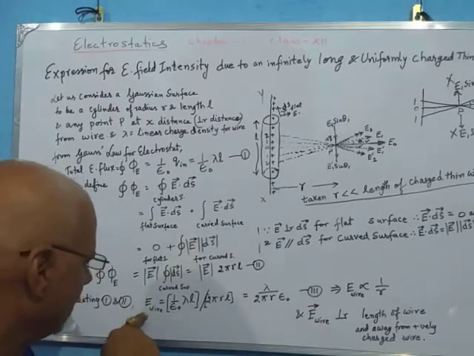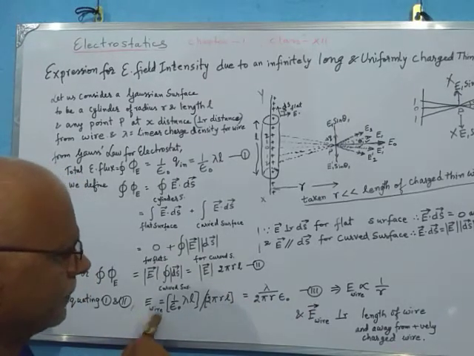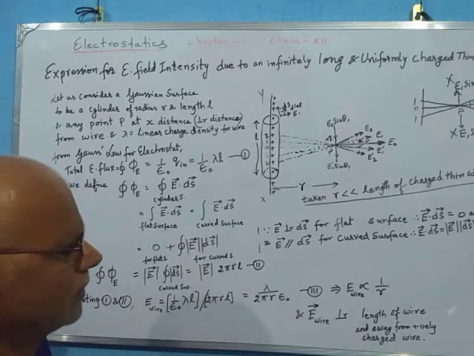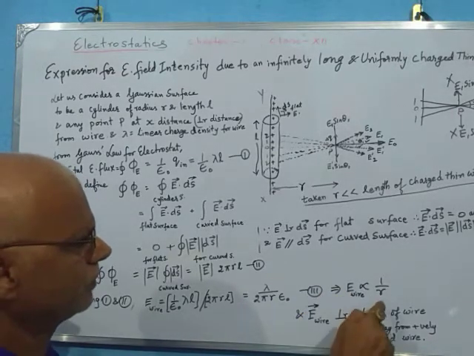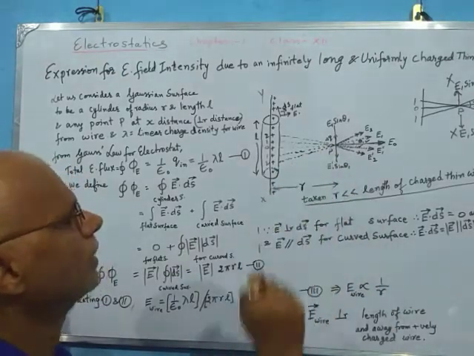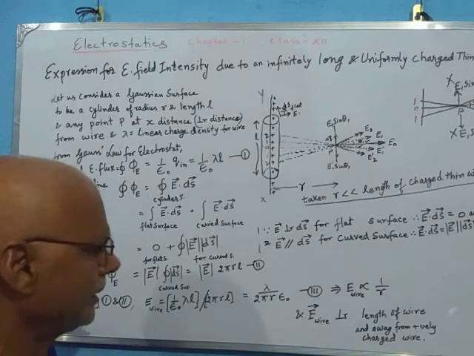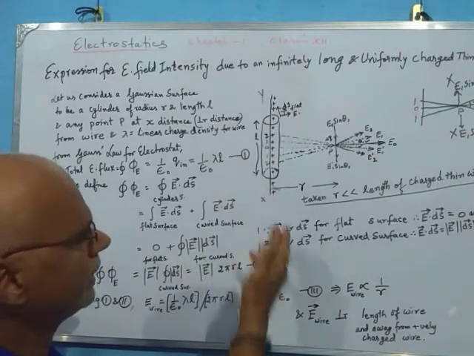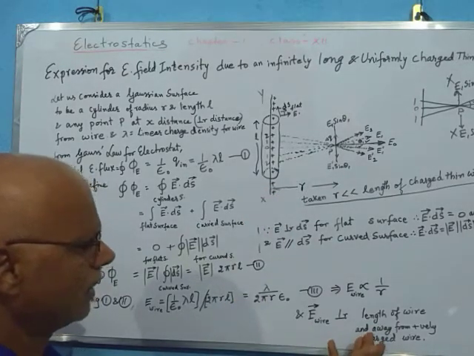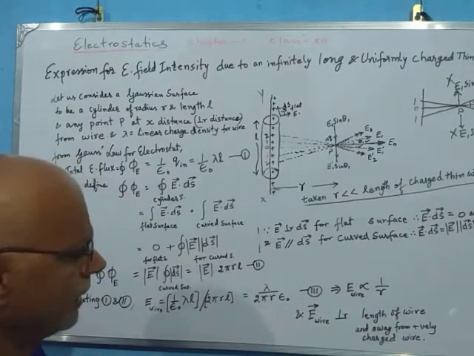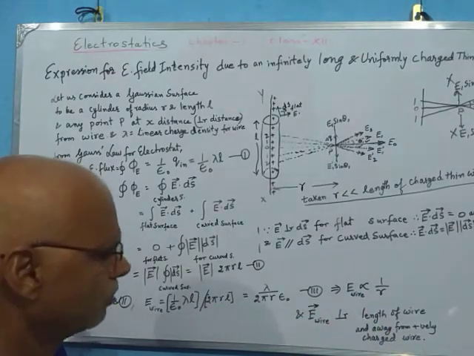From equation number 3 we also see that the electric field is inversely proportional to the distance of the point considered from the wire. If the wire is positively charged, it will be essentially always perpendicular to the wire and away from it.